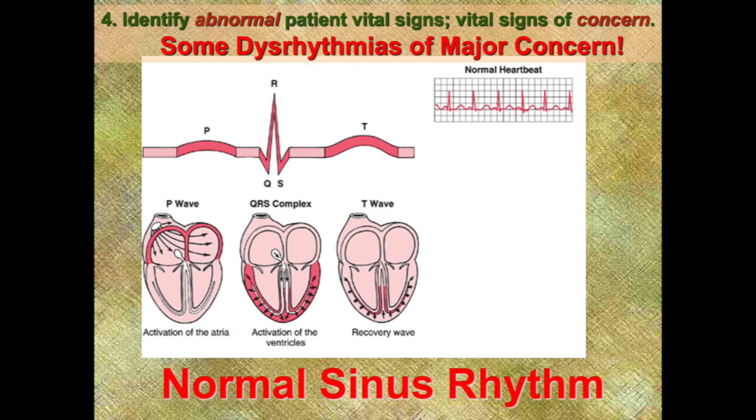Just know that the P wave starts in the sinus node. That's some tissue located by the right atrium. It sends its signal out to the left atrium simultaneously. That's what creates the P wave. Then the signal goes down to the atrioventricular node, the AV node, down the bundle of His, and then it splits into a right and left bundle branch. And that's what creates the QRS complex.